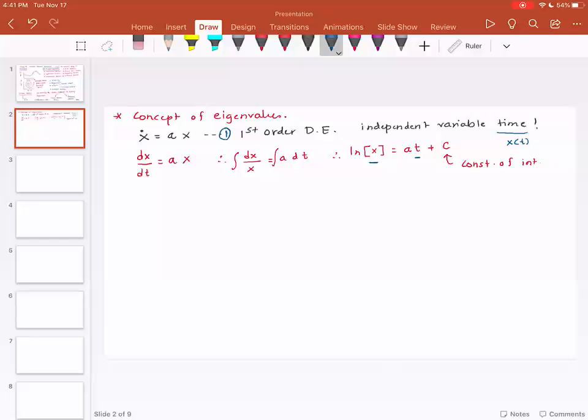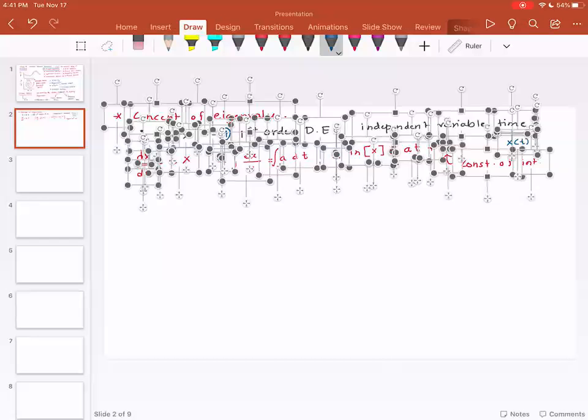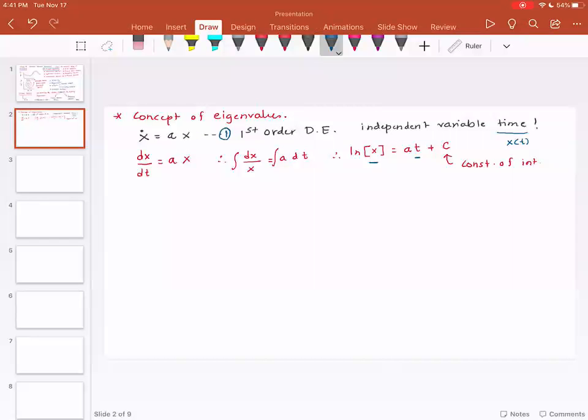So what I'm going to do is I'm going to take the exponent. So I would take e here and I will take e here. Exponent logarithm gives me x of t. That gives me e to the power at plus c.